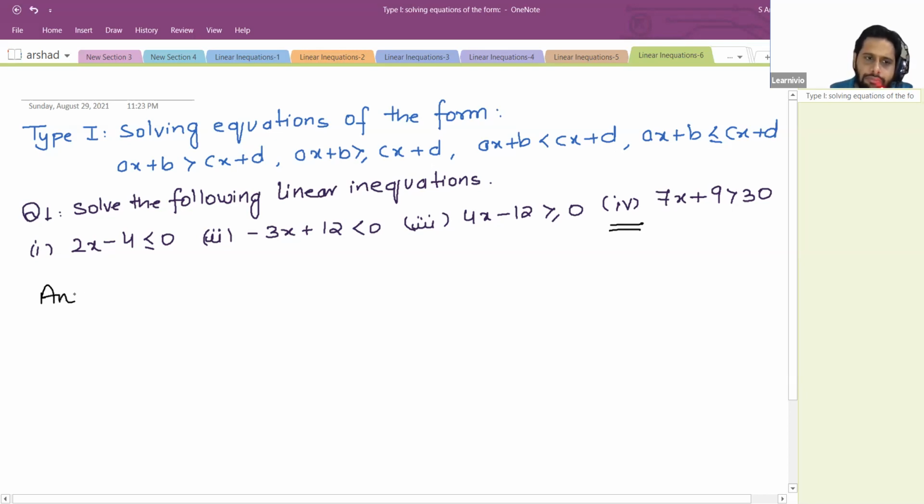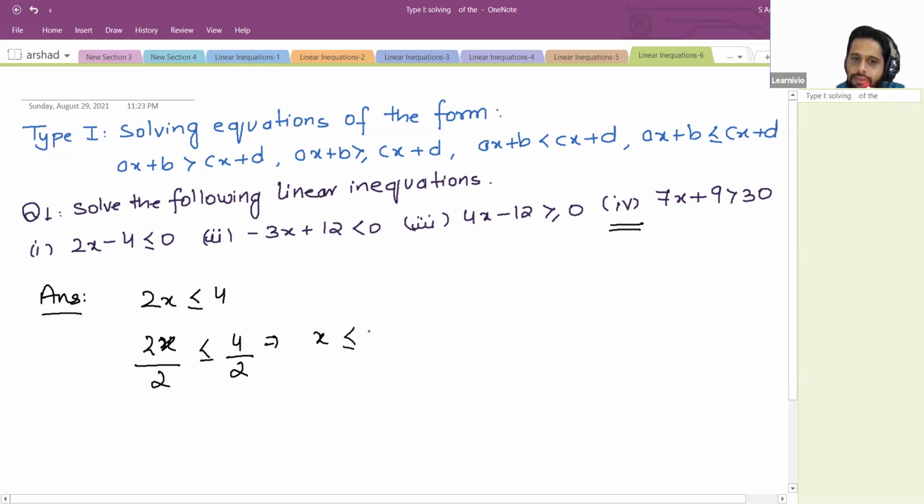So first of all, we will shift this 4 to the right side. Then what we will do, we will divide with 2. If we are dividing this with a positive number, then the sign of inequality will remain the same. And this will give x is less than or equal to 2. Is this clear? Yes, sir. Okay, very good. Then please try the second one.